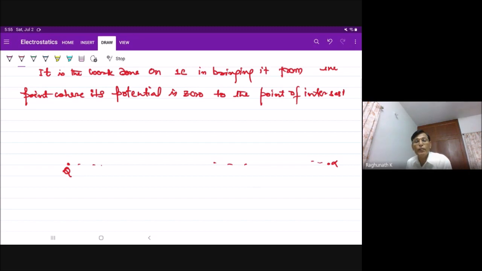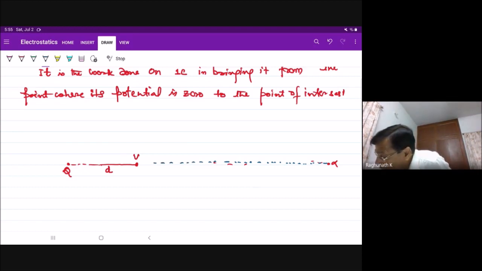So, keep checking. If I consider a point which is at a distance d from a point charge, potential at that point V, not VAB, V is the work done in bringing a unit positive charge from infinity to the given point.